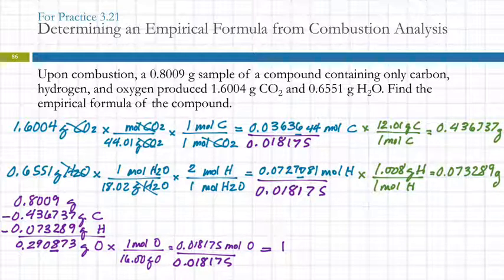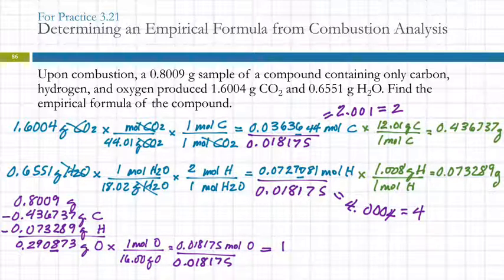So for carbon, when I do that ratio, I get 2.001. And for hydrogen, I get 4.0004. So this is equal to 2, then this is equal to 4, and then I've got a 1. So those are my subscripts.